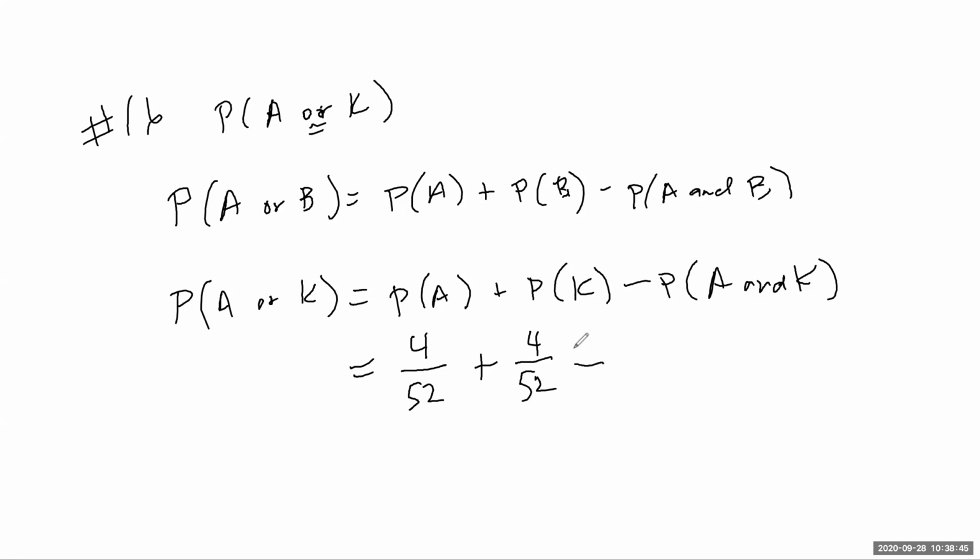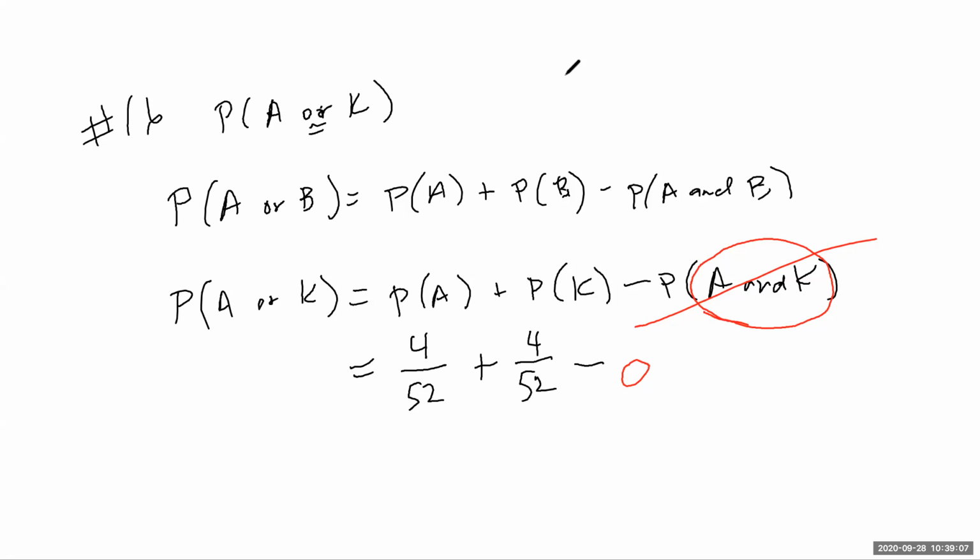Now this last part, the probability of ace and king, you ask yourself, is there any card in a deck that's both an ace and a king at the same time? And the answer to that is no, there's not. So that becomes 0 and doesn't really play into this problem at all, because these are called mutually exclusive events. They cannot happen at the same time.